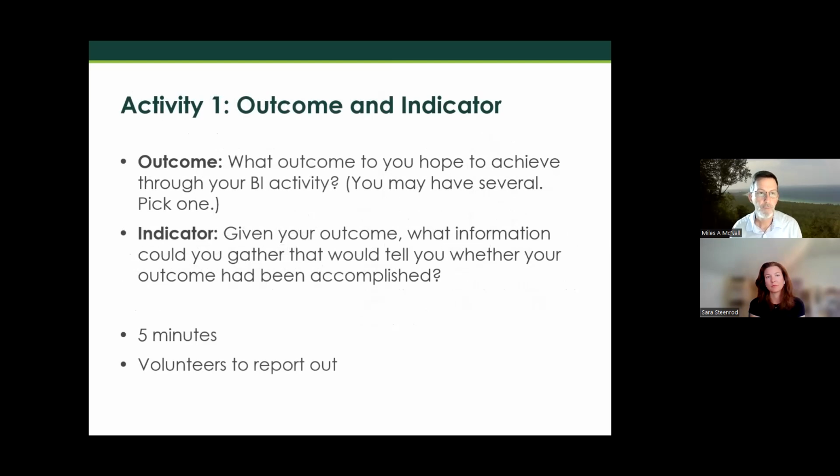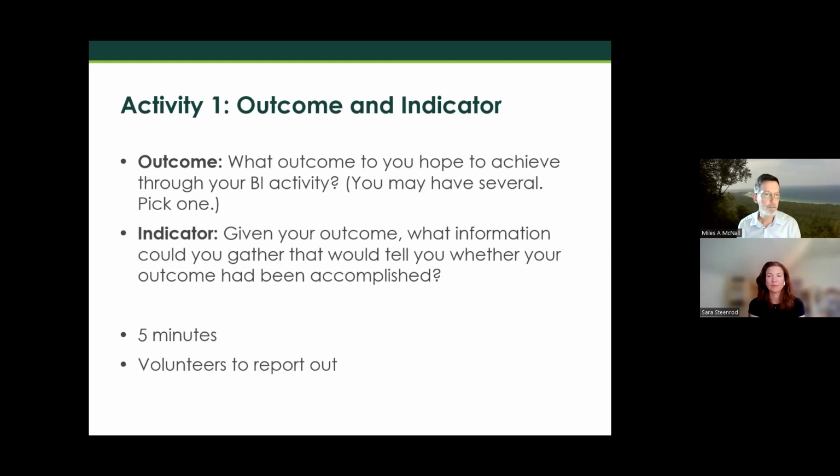So that brings us to activity 1. So hopefully you all have your worksheets ready. We're going to give you 5 minutes to think about what your outcome is. Now, you may have a specific BI activity in mind, so that will probably make thinking about your outcome a little easier.